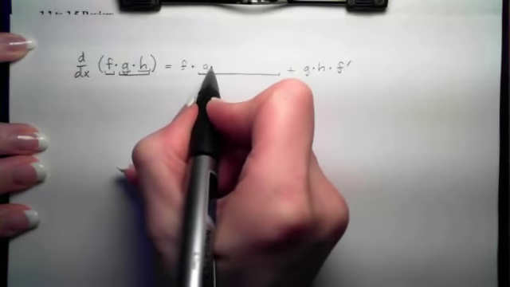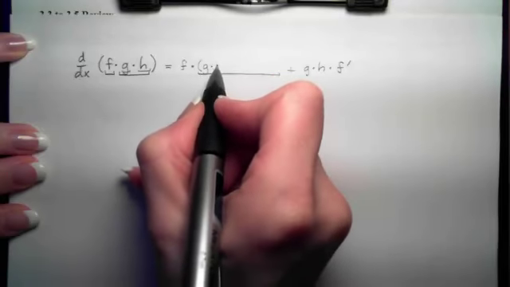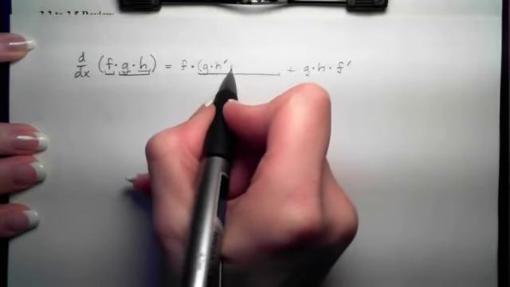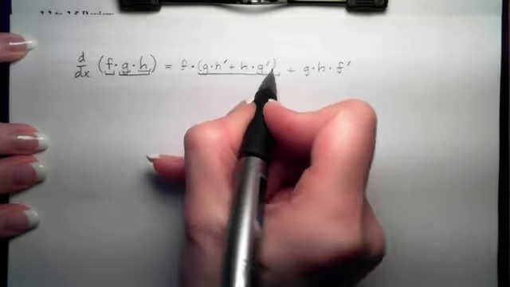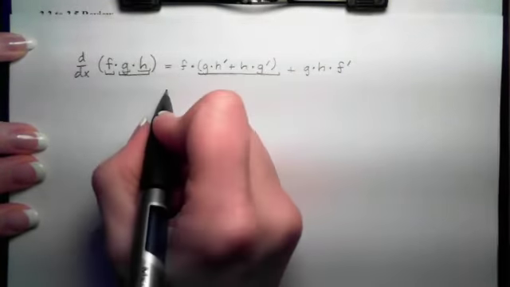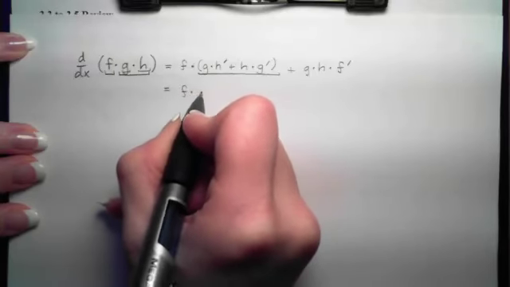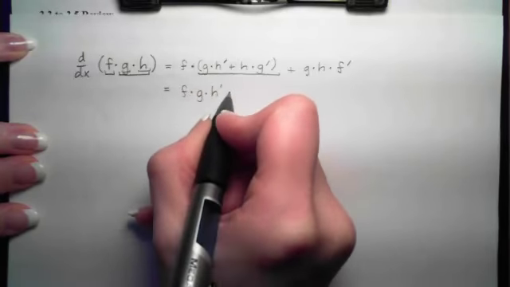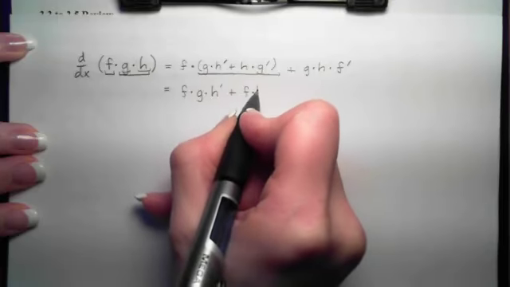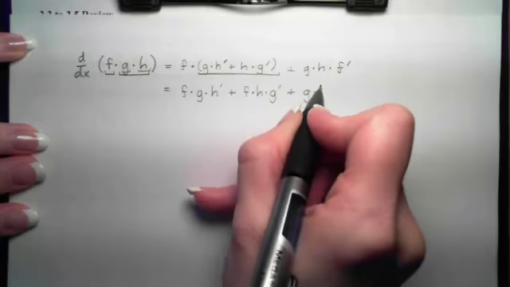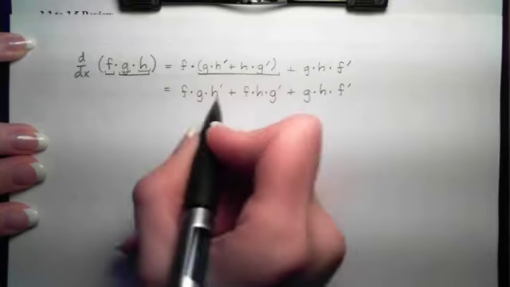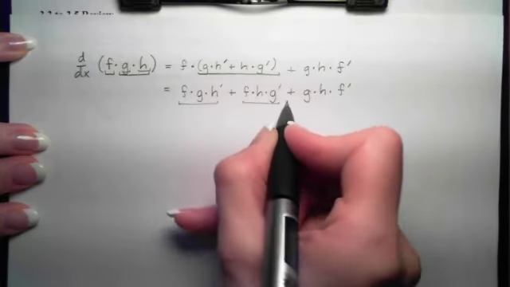So that will be the first one times the derivative of the second plus the second times the derivative of the first. If I now distribute, we can see that when I take the product rule of three things being multiplied together, I end up with three terms.